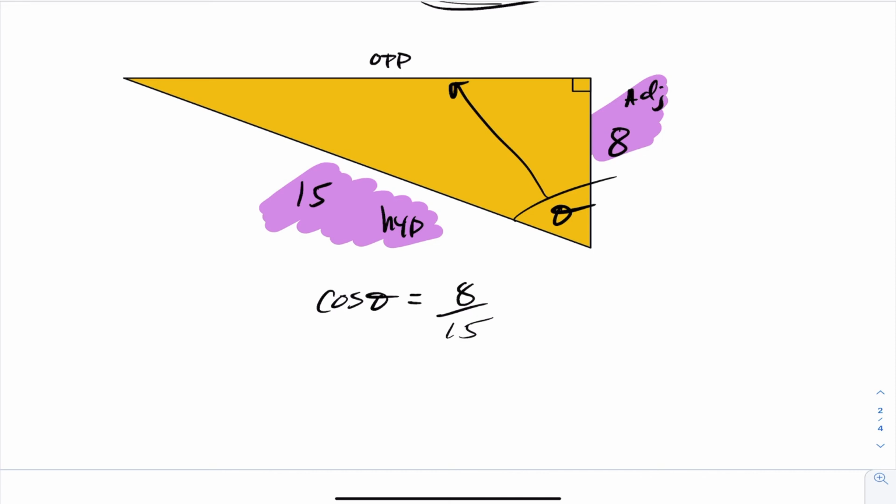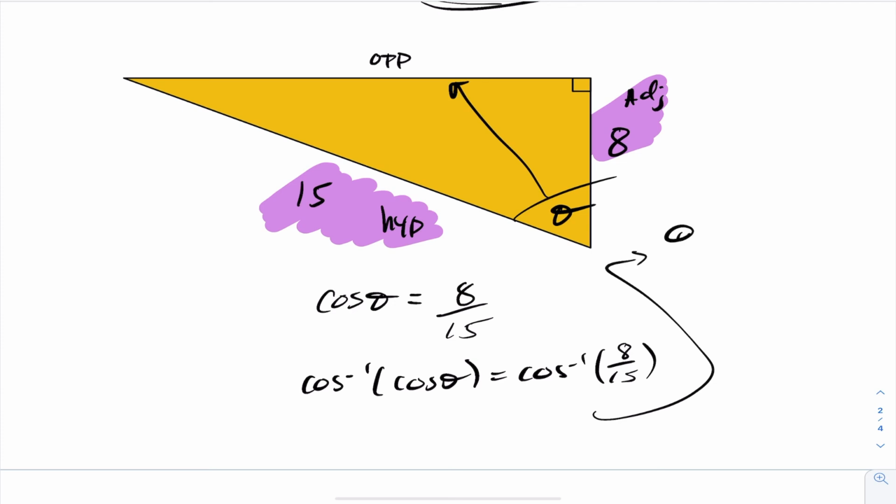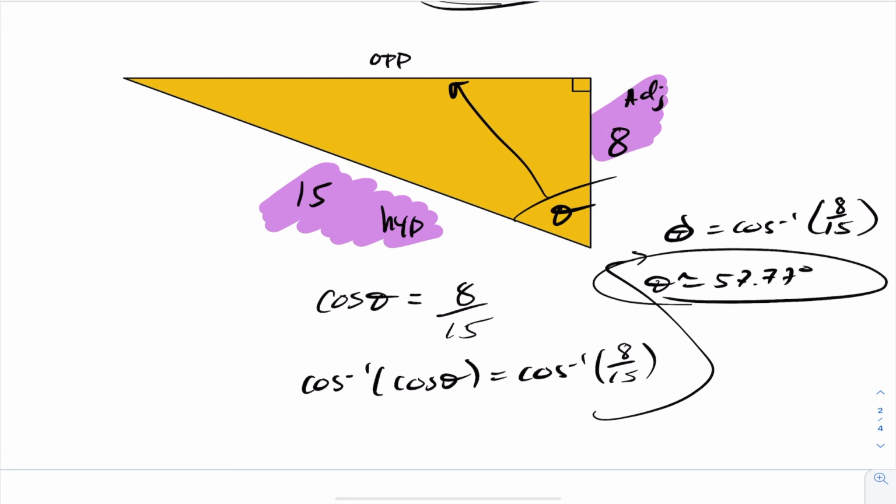Once again, I want to solve for theta, so we're going to take the cos inverse of both sides of the equation. Your cosine function is invertible, so we're left with theta equal to the cos inverse of 8 over 15, and that is approximately 57.77 degrees.